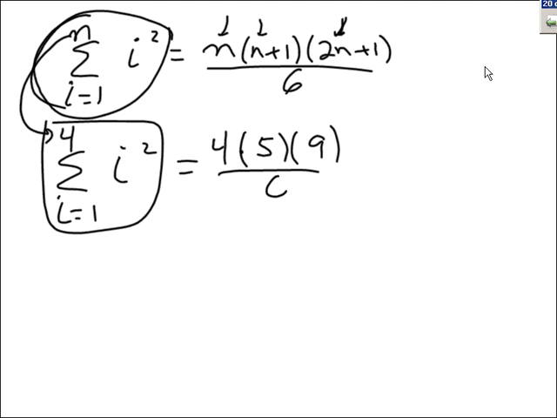And this all gets divided by 6. Well, 2 goes into both of these numbers, and 3 goes into the bottom number 1 time, and this top number 3 times. I'm left with 2 times 5 is 10, times 3, 30.